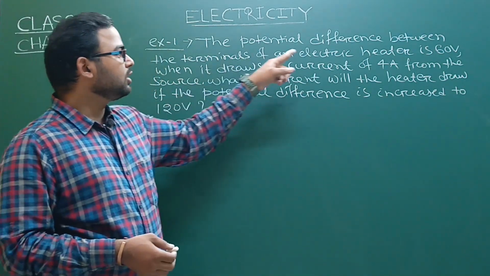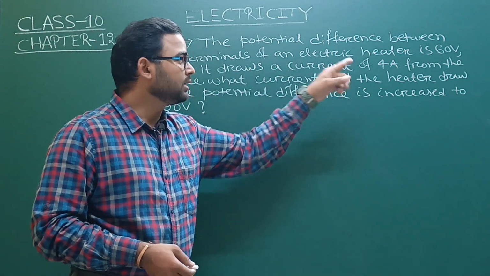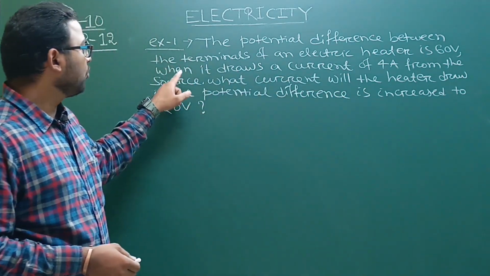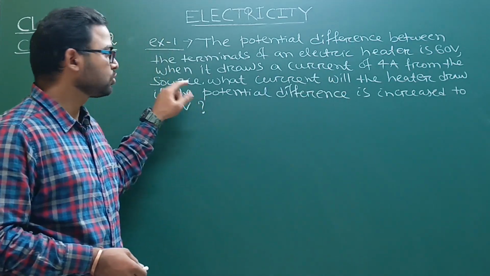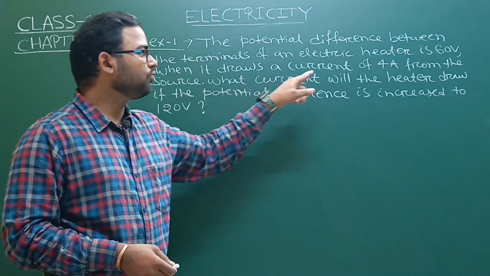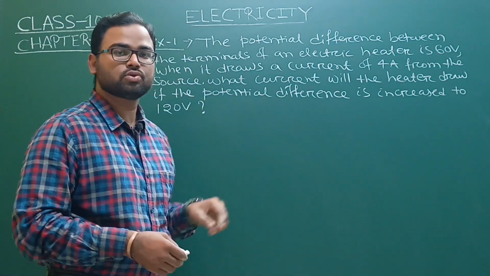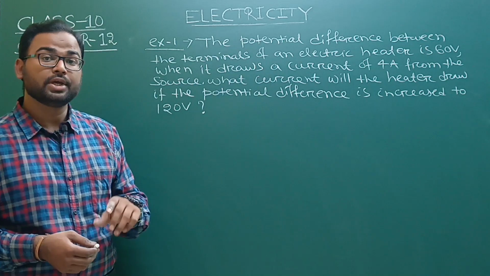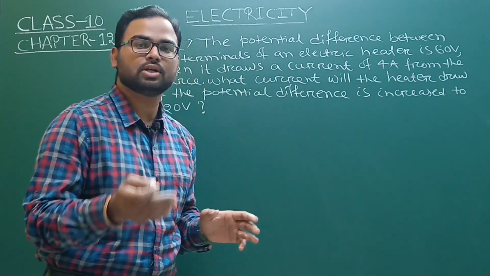The potential difference between the terminals of an electric heater is 60 volt. When it draws a current of 4 ampere from the source, what current will the heater draw if the potential difference is increased to 120 volt? Means the circuit is the same. We are changing the potential difference.